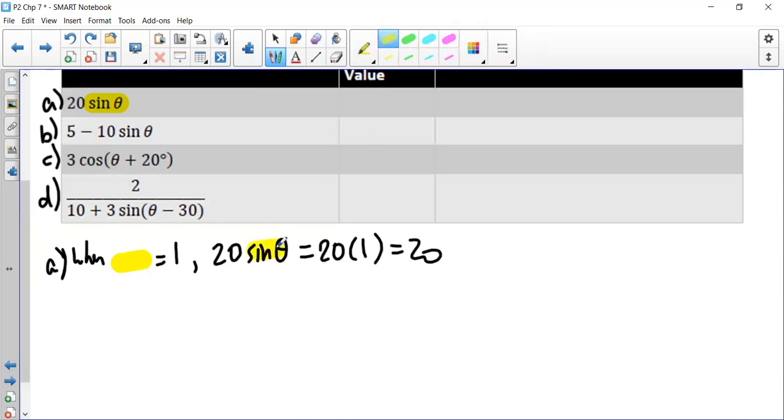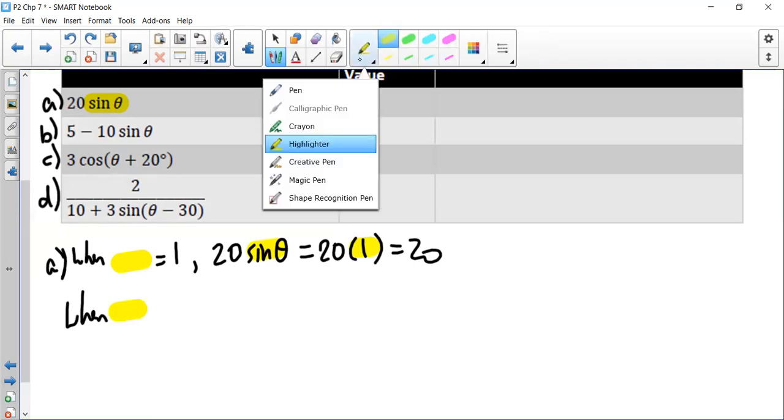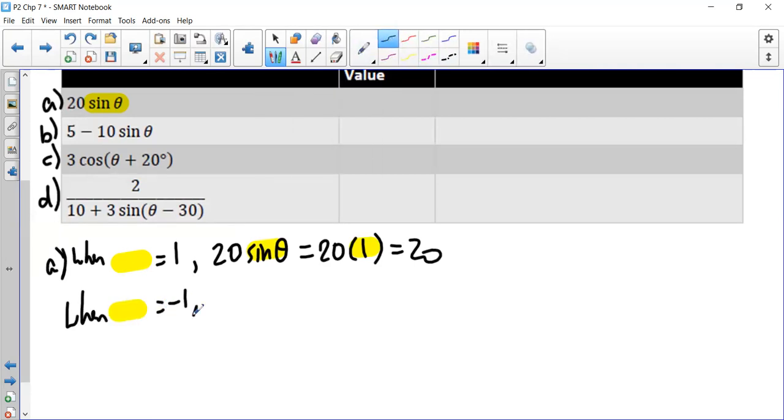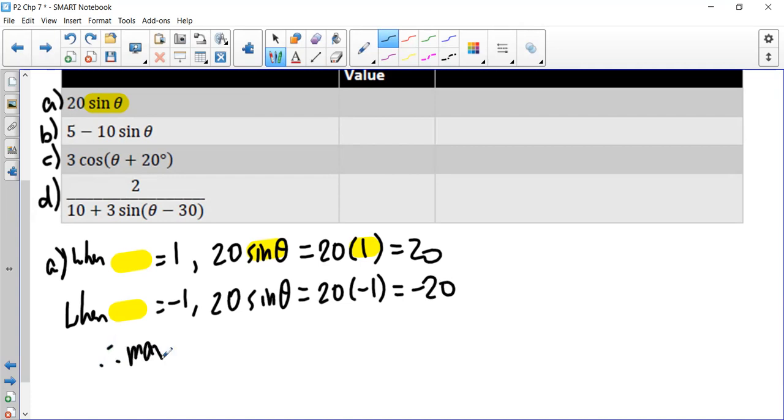Where does the 1 come from? Because we substitute sine theta as 1. But when this equals -1, then 20 sine theta equals 20 times -1, which is -20. Therefore, the max value equals 20. And that's the answer, 20.